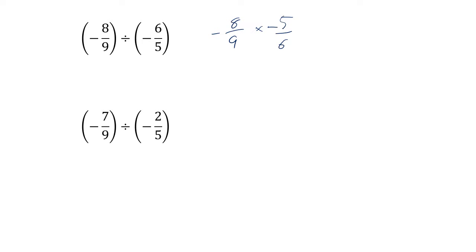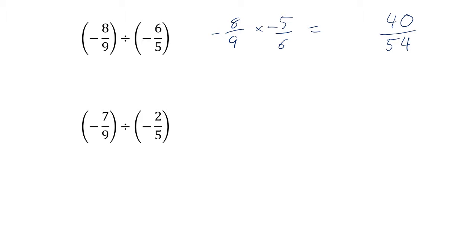Since there are two negatives, it's going to equal a positive number. Okay, 8 times 5 is 40. 9 times 6 is 54. Negative and negative is positive, and so my answer is going to be 40 over 54.